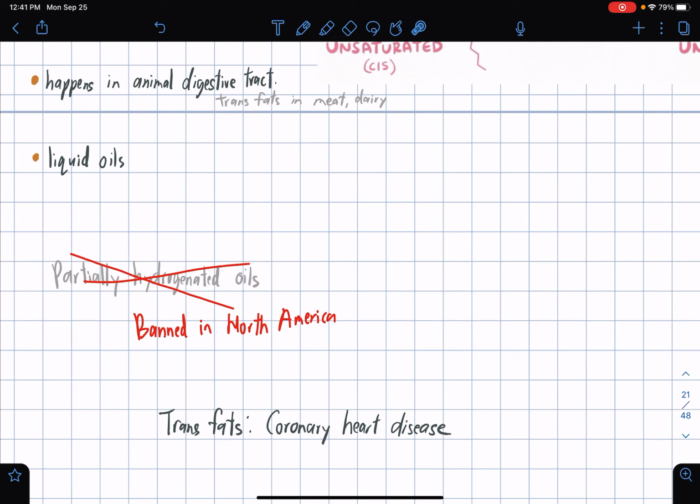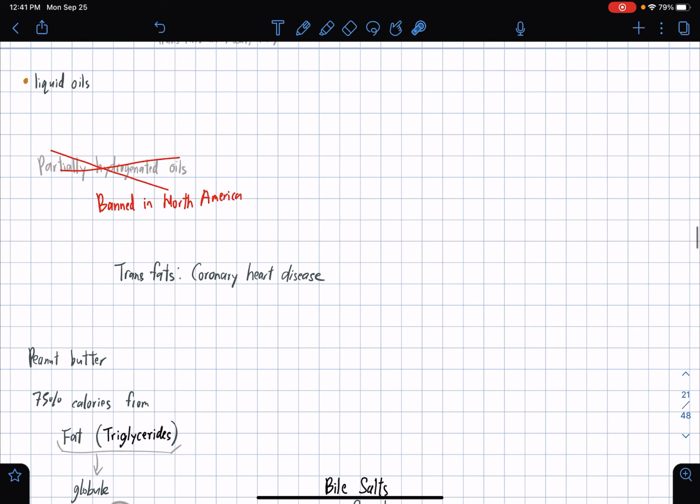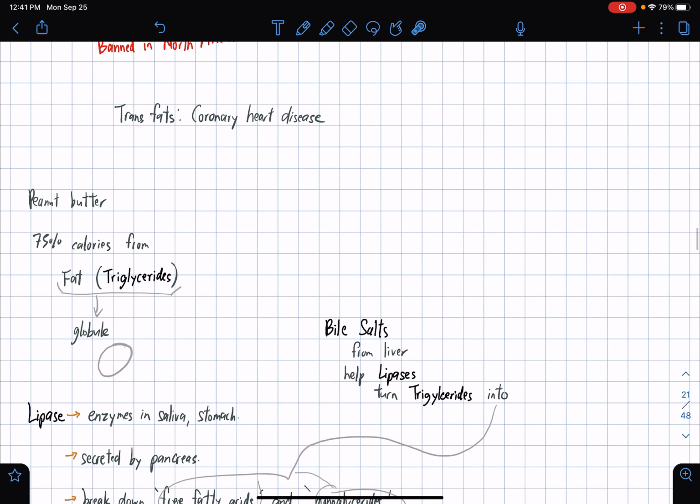Cooking oil companies that make their products partially hydrogenated, there's been this policy that bans them since partially hydrogenated oils are really unhealthy. So yeah, they contribute to coronary heart disease and among many other cardiovascular related problems.